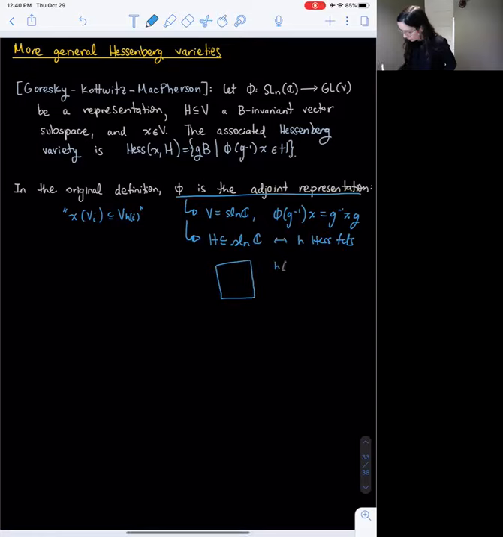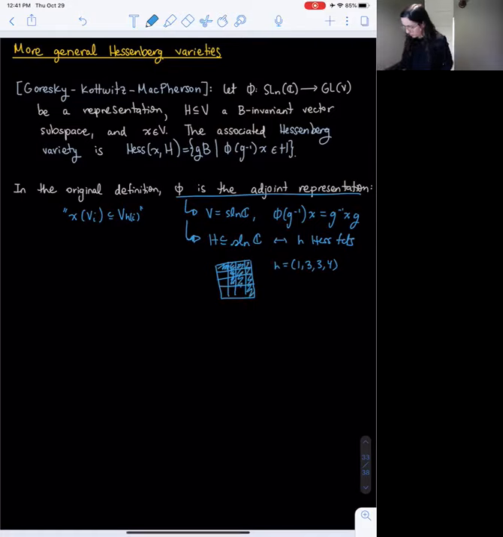Let's do one very concrete example. Let me suppose that H is something like 1, 3, 3, 4. We're in the setup of a 4x4 matrix.